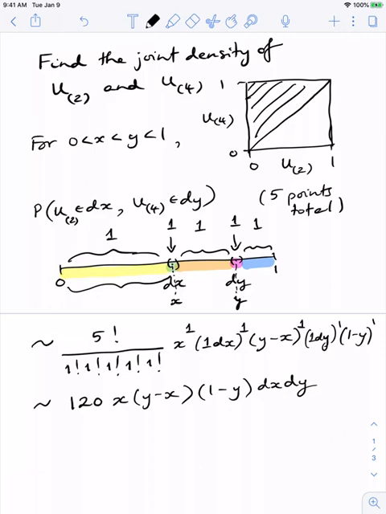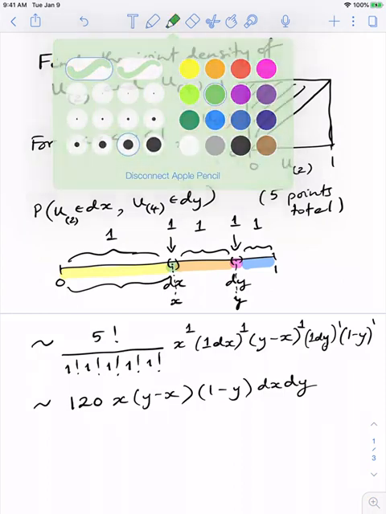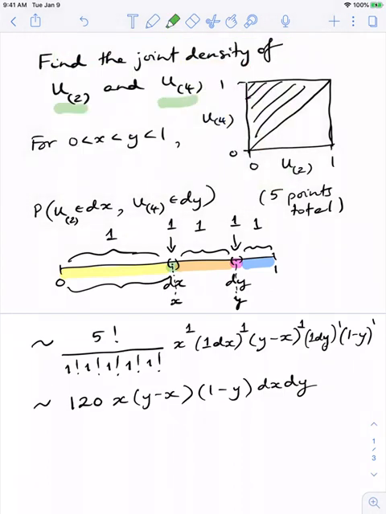I'm done because I wanted the joint density of these two random variables, and I found this joint probability here, the chance that one of them is in dx and the other one is dy. And I know that once I found that chance, the density is everything in that chance except the dx dy. The density is the chance relative to the dx dy, so it's just there. And I'm done.